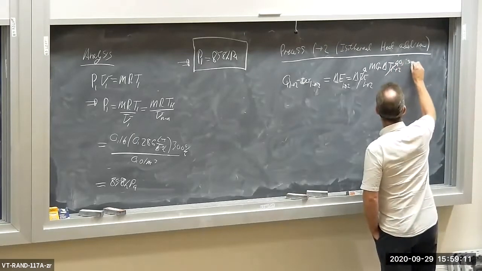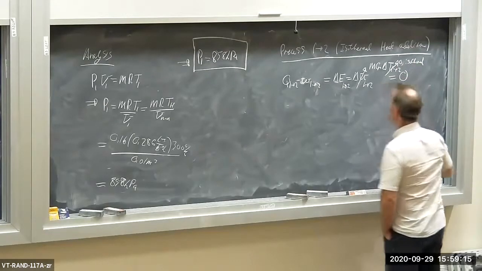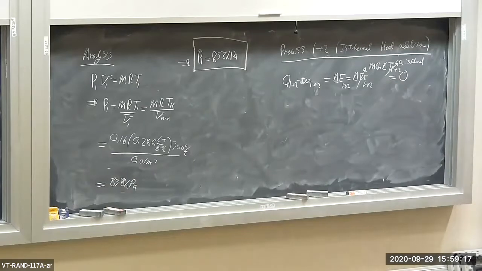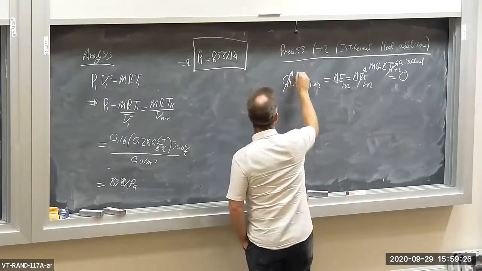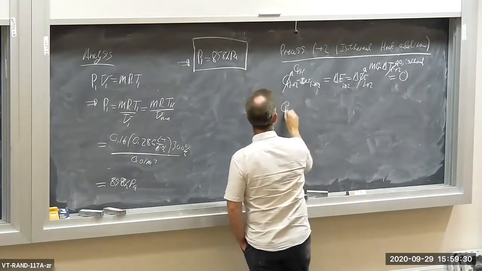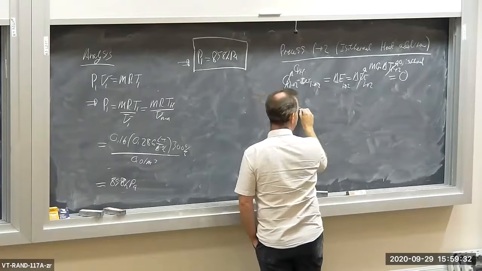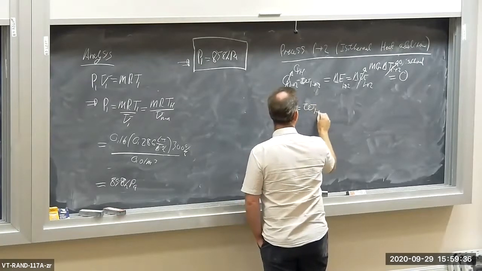So delta U is equal to 0. No change in internal energy because it's an isothermal constant temperature process. So what we get here, and by the way, Q1 to 2 is Q high, is that the heat transfer from the high temperature reservoir is equal to the work, 1 to 2.